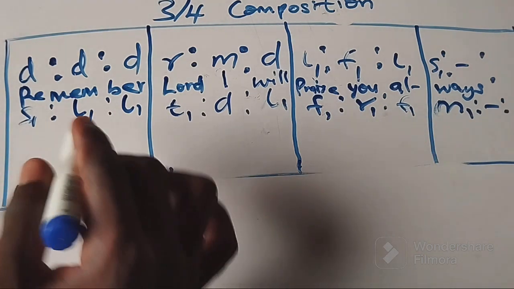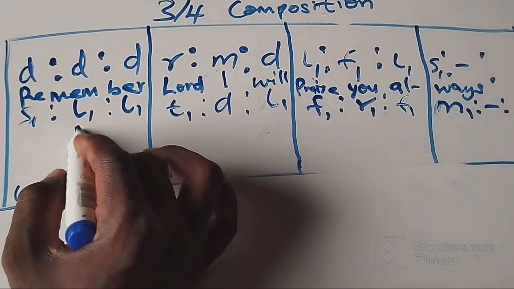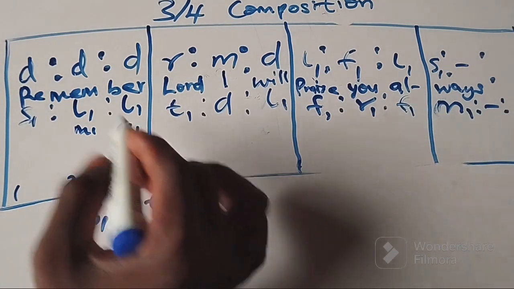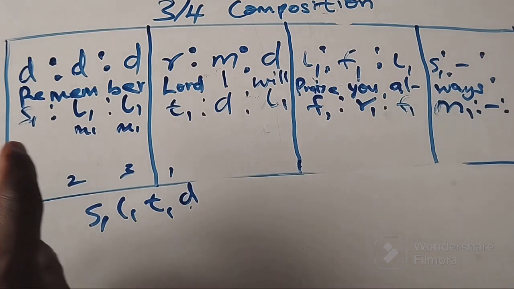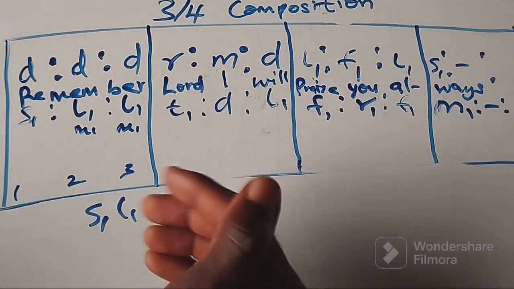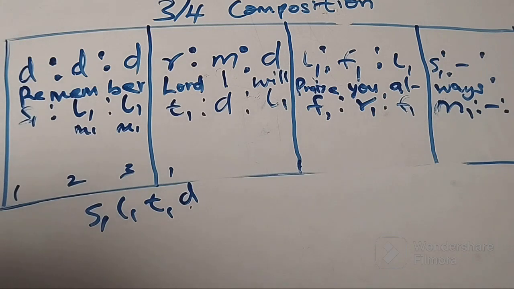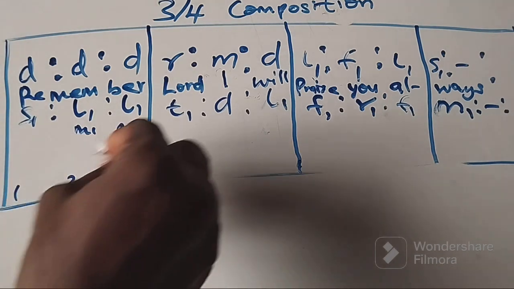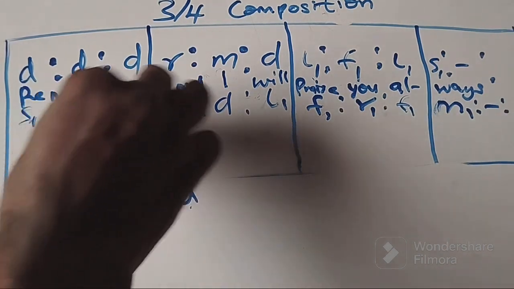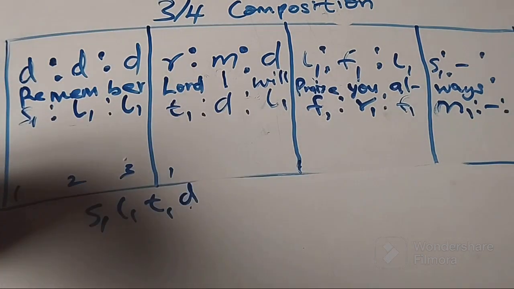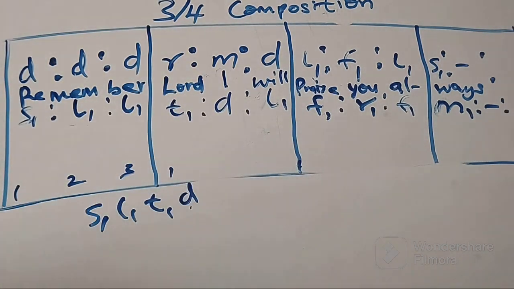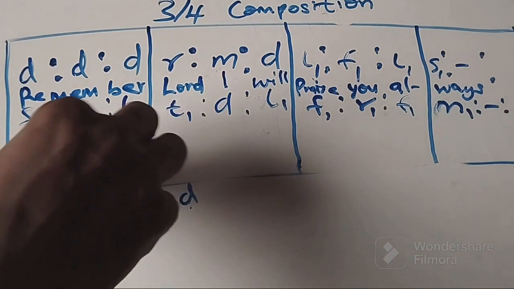I can also decide to remove this la and put mi. Remember, do and mi have something in common. So do sol mi ti do. I can put mi. I can put another note to alternate it, but you need to study chording so that you know other things to alternate. Okay.